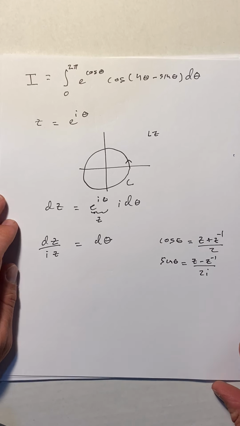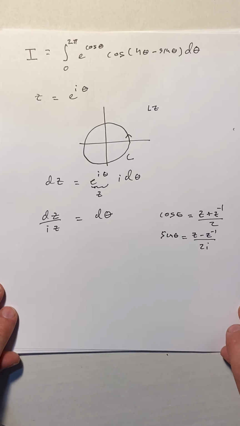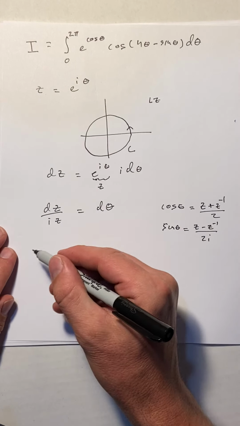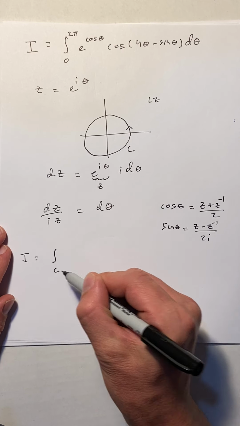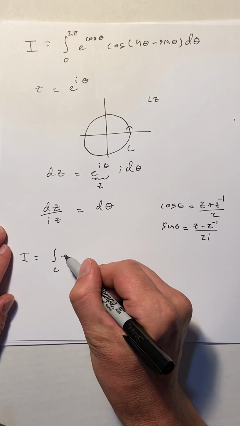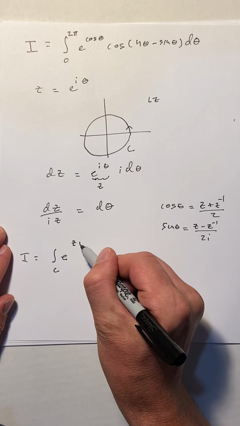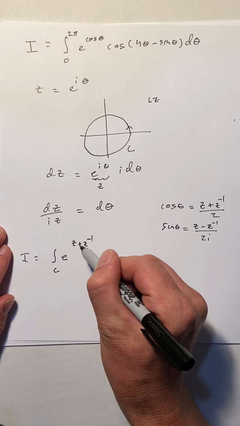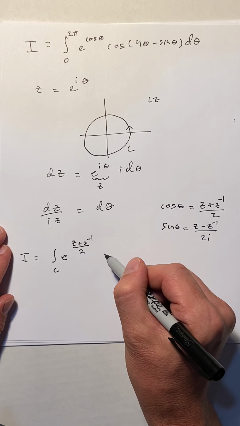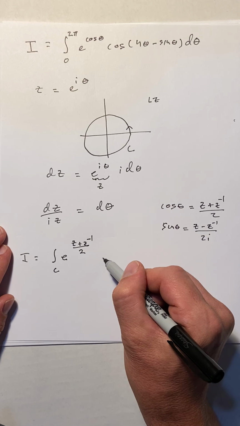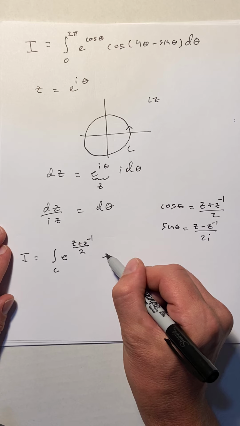Let's go ahead and plug all of that into the original integral. So I then becomes the integral around c, e to the z plus z to the minus 1 over 2. I'll write cosine in terms of its complex exponentials.